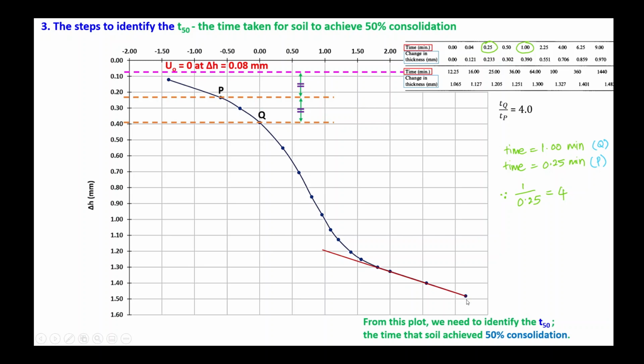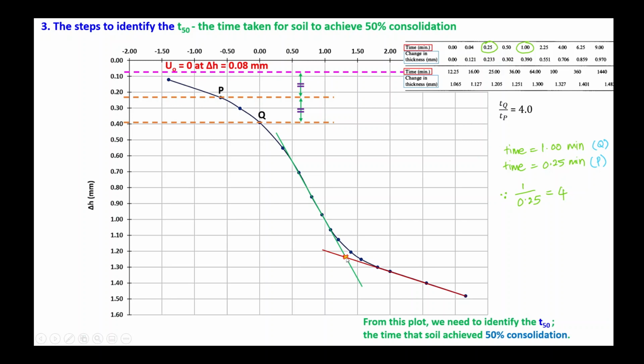And then we need another straight line tangent to the curve in the middle part. Then you will have an intersection between these two lines, in the green color and the brown color. So this is the intersection point.